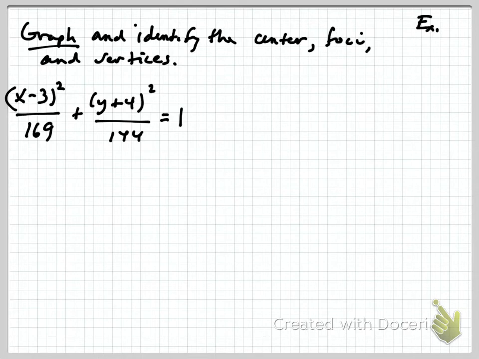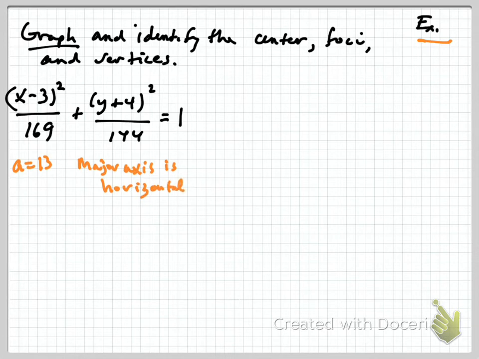Okay, so we're going to go ahead and graph this one. So the equation is in that form. It's already in graphing form. And I look for the bigger denominator and I say, okay, 169 is the bigger one. So A is equal to 13, and the major axis is horizontal because that's underneath the x, that bigger number.